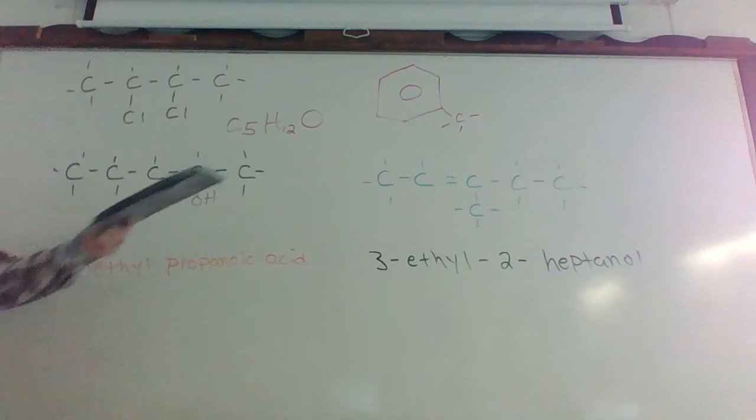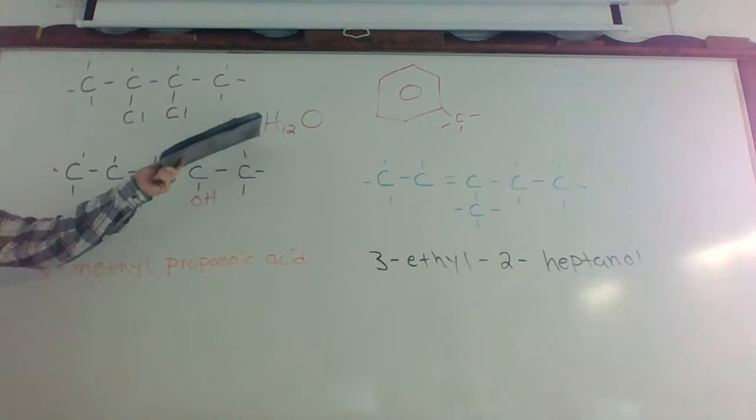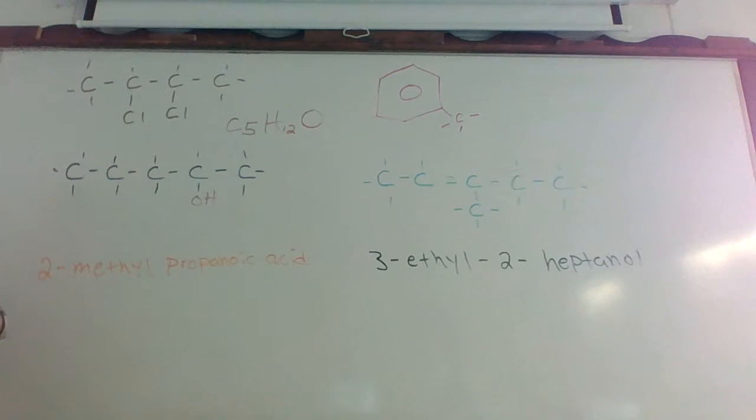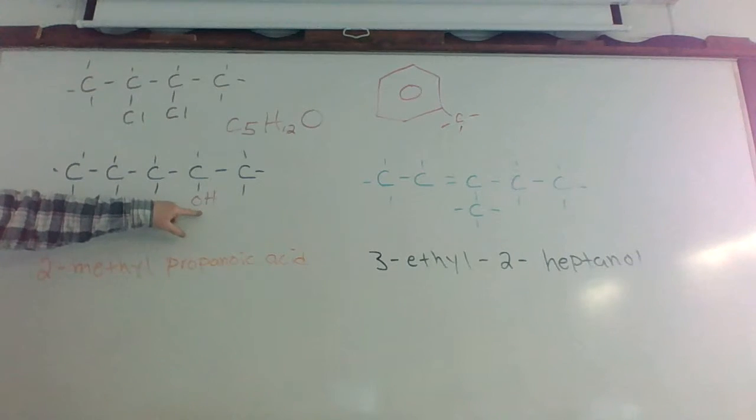Yeah, so it's the same molecular formula, right? Is the structure the same? No, because it used to be on the third carbon, now it's on the what? No, it's on the second one. That's a different structure. Does this have another isomer?